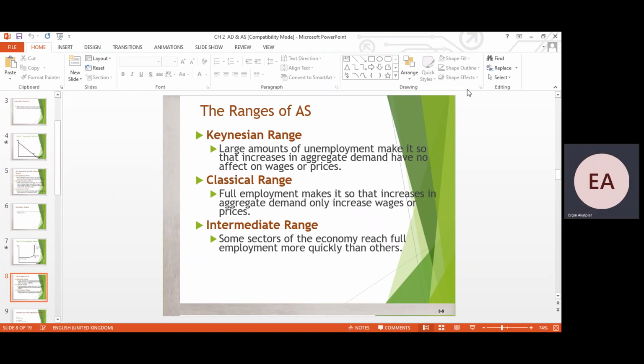In the classical aspect, full employment means that an increase in aggregate demand only increases wages and prices. In the intermediate range, some sectors of the economy reach full employment more quickly than others. As you are observing, it is an increasing part of the economy that is subjected here.